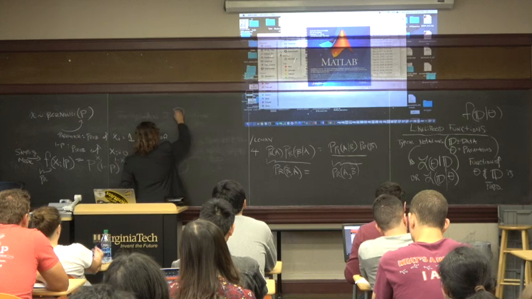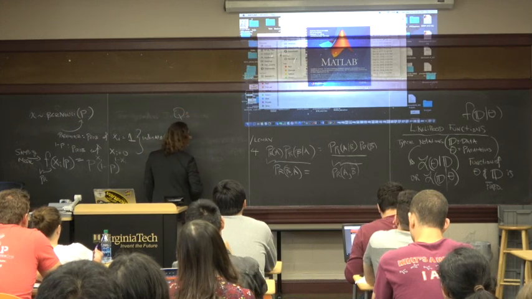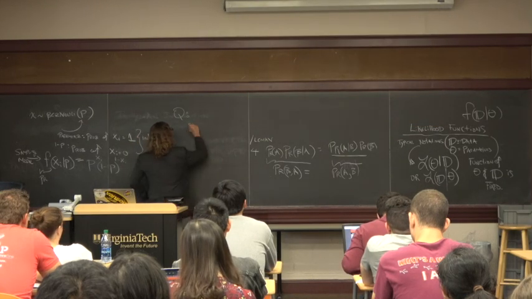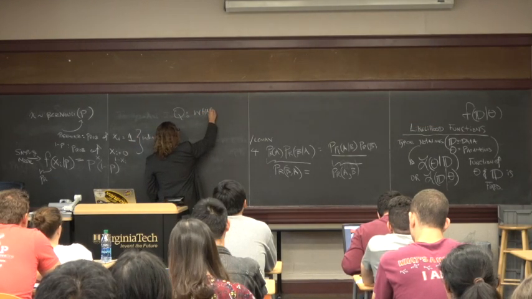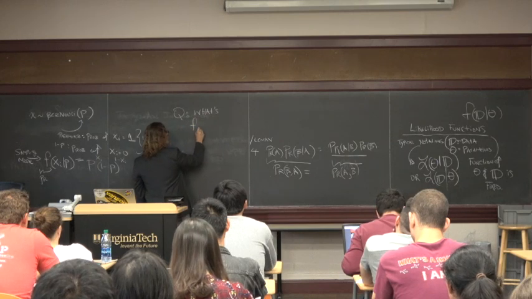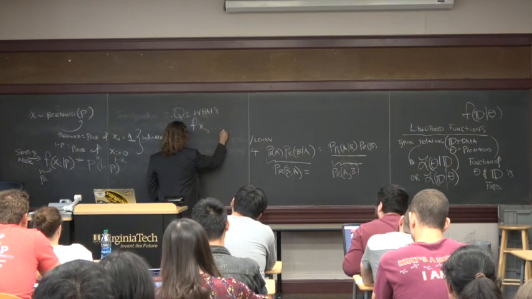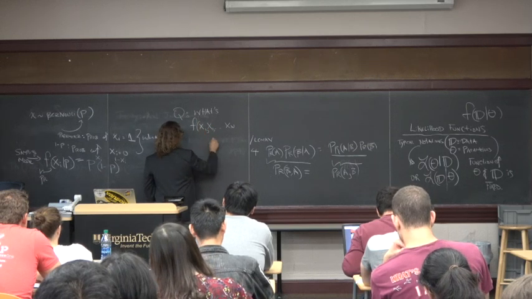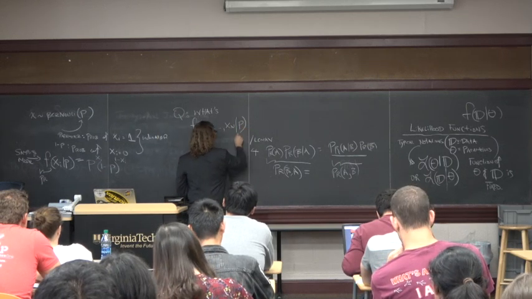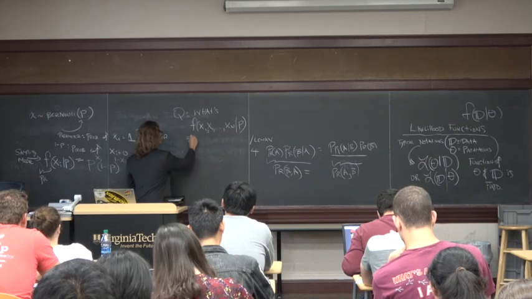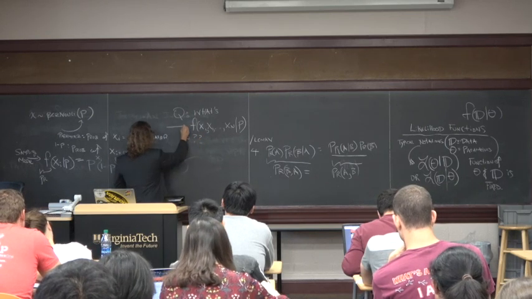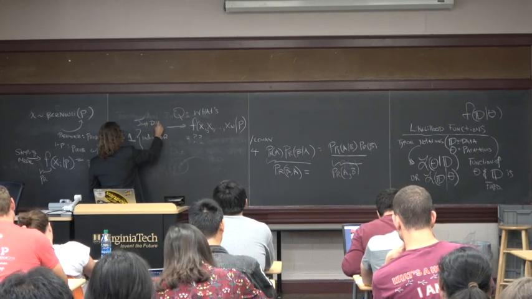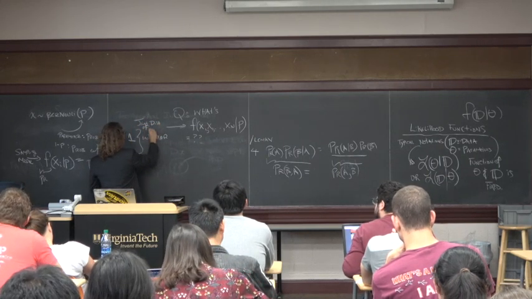So here's my question. This is the joint distribution of xi's.